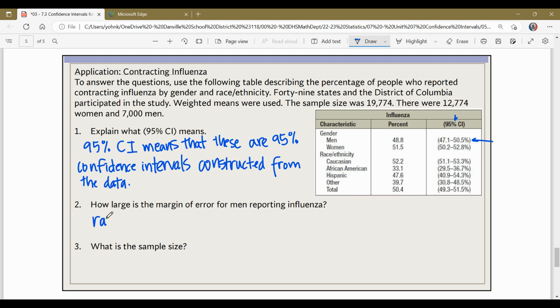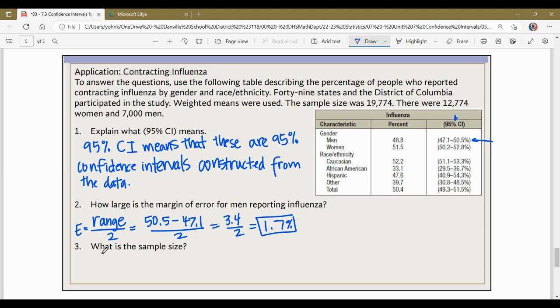That's our error. The highest number is 50.5. The lowest number is 47.1. Subtract them and divide by 2. That's 3.4 over 2. So that means our margin of error is 1.7%.